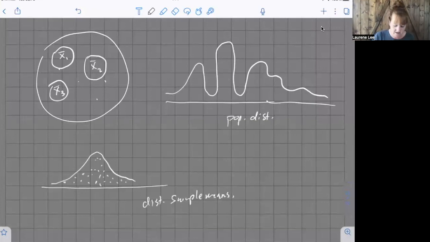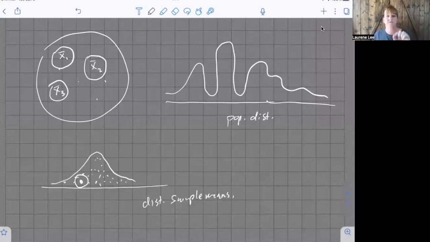So you can't take this one value right here and say that represents a person's height. It does not. It represents the mean of a sample of people's heights. But what that allows us to do is take some kind of wonky population distribution, approximate it as a normal distribution, and then do our regular problems on it.